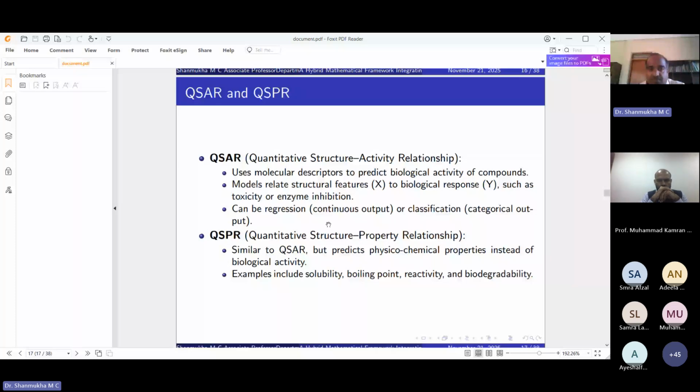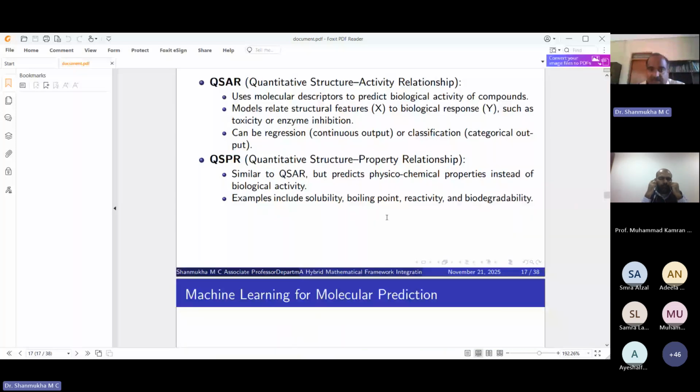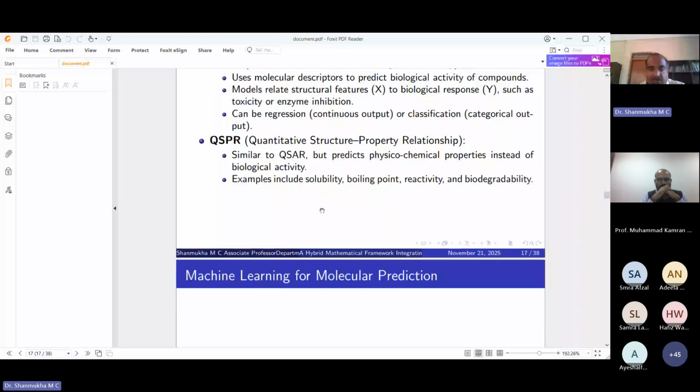These can be regression or classification. QSPR is similar to QSAR but predicts physicochemical properties instead of biological activity. Examples of physicochemical properties include solubility, boiling point, reactivity, and biodegradability.